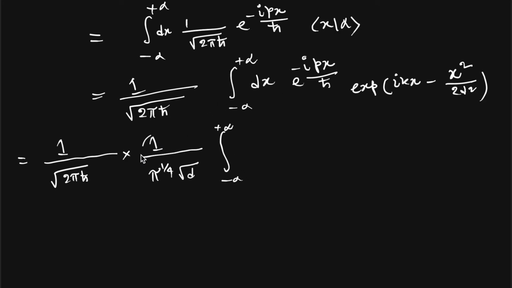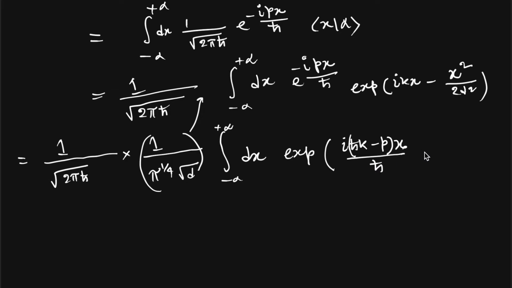This term will be here, this term is also here that I missed, dx exponential i ħ k minus p x by ħ minus x square by 2d square.